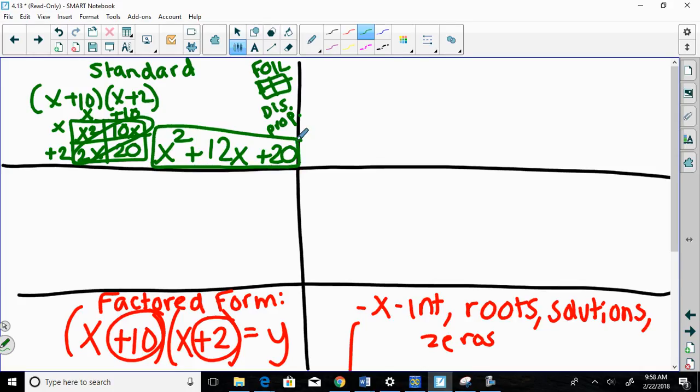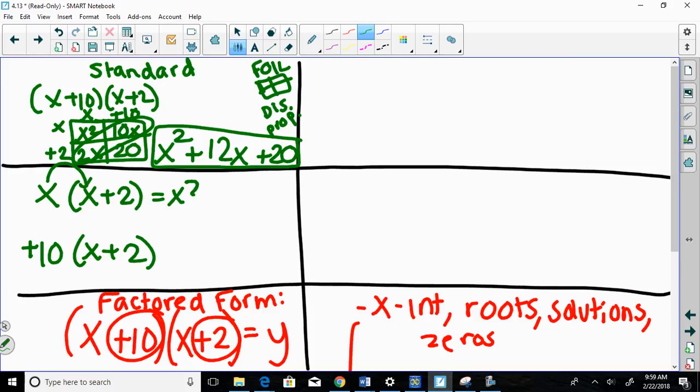I'll put the distributive property underneath and then I'll erase it. Only do this if you're doing the distributive property. With x plus 10, remember they broke up, boo-hoo. But x plus 2, that couple's still friends with both of them, so they have to visit both of them, make sure they're alive and well. Then you multiply. What's x times x? X squared.